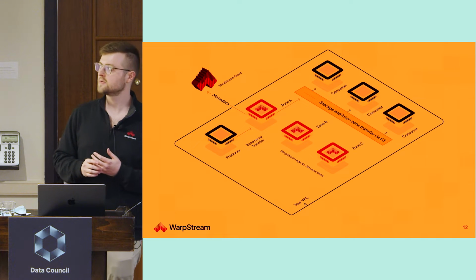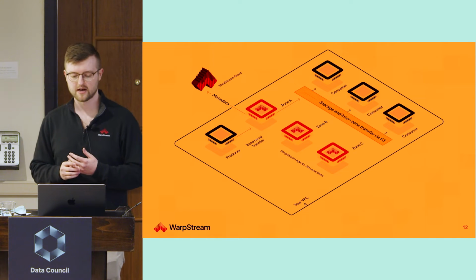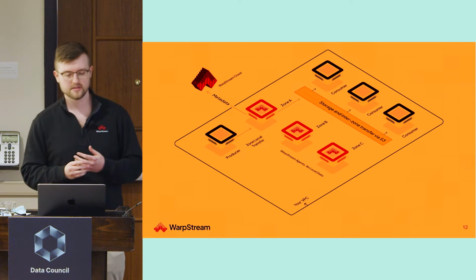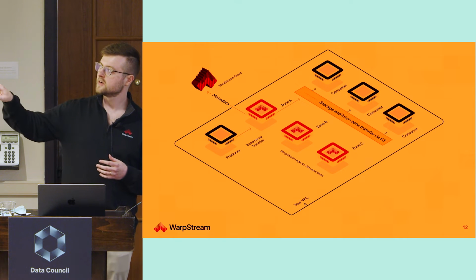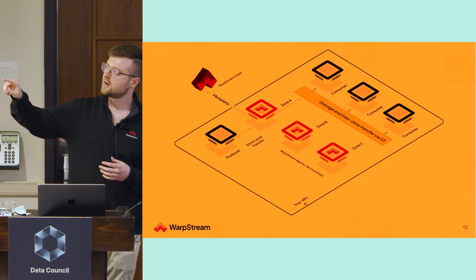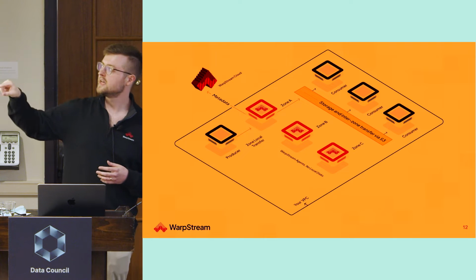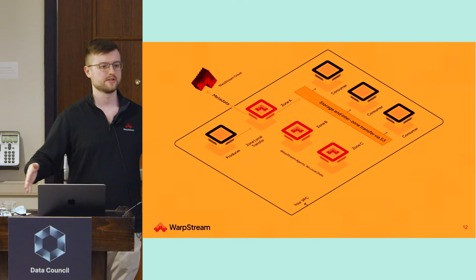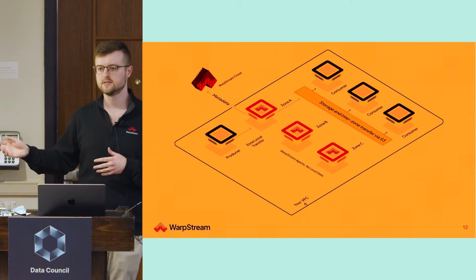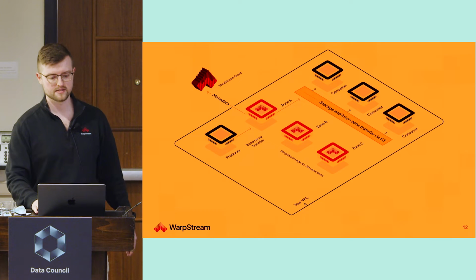This basically means that we're using S3 as both the storage layer and the network layer. So when the producer that's in zone A writes to the agent in zone A, when this consumer over here in zone C wants to read that same data, it's going through object storage. It's not like reading it across zones. So there's no interzone networking fees anywhere here.